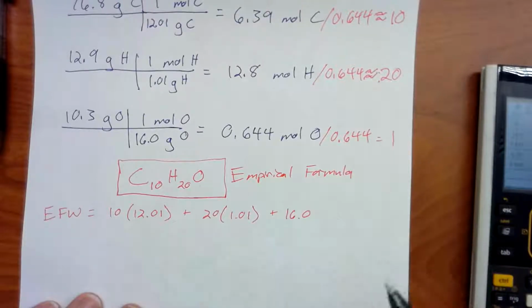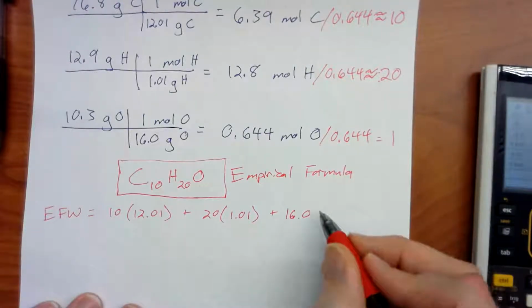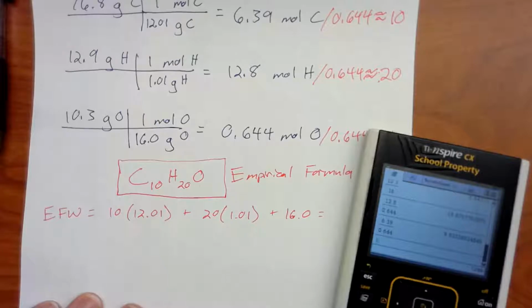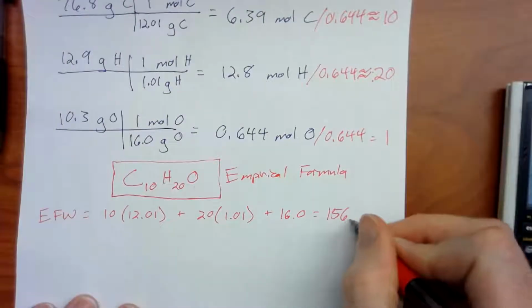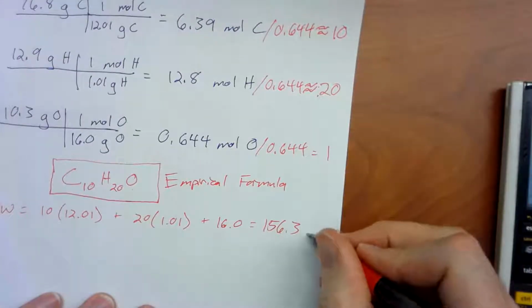That's 1 times the molar mass of oxygen. And find out that that is 10 times 12.01 plus 20 times 1.01 plus 16. And that equals 156.3 grams per mole.